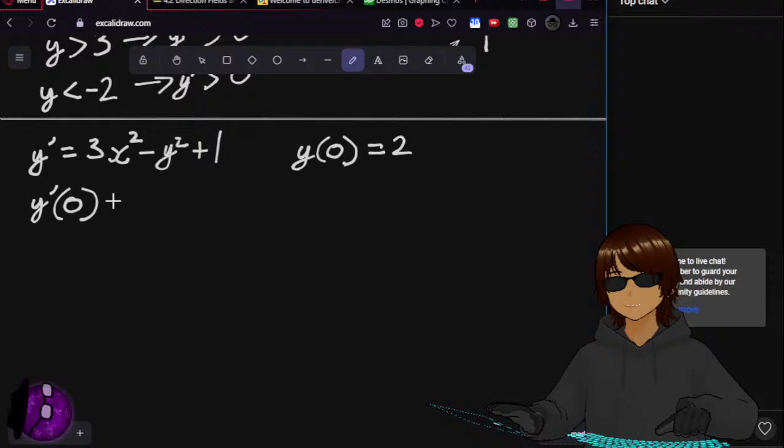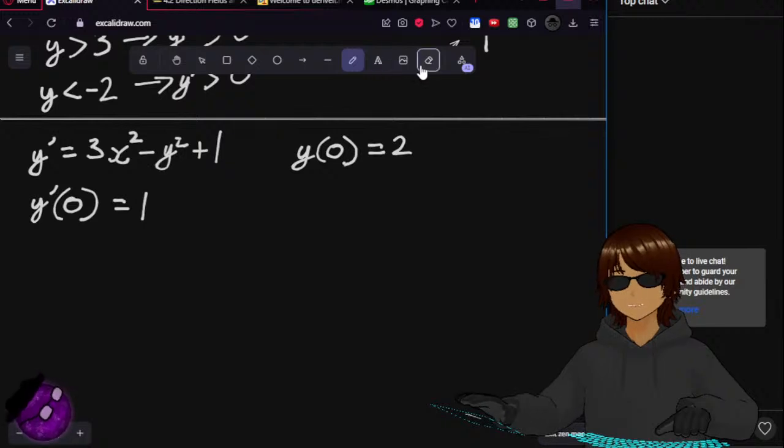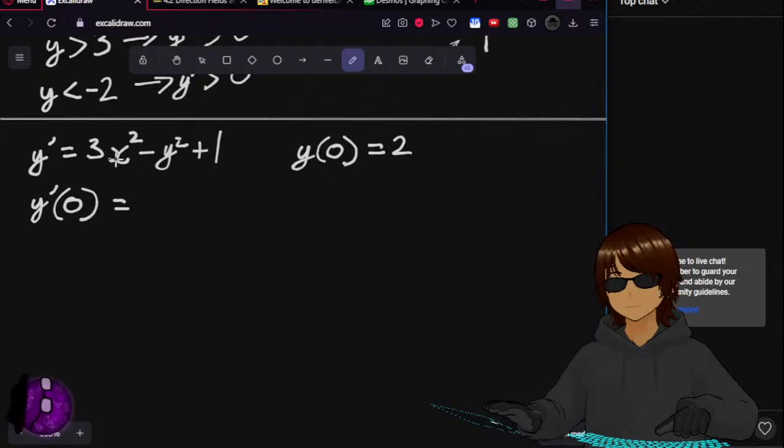The derivative at 0 is equal to 1, because this would be 0. No. X would be 0. Then, I'm getting confused.